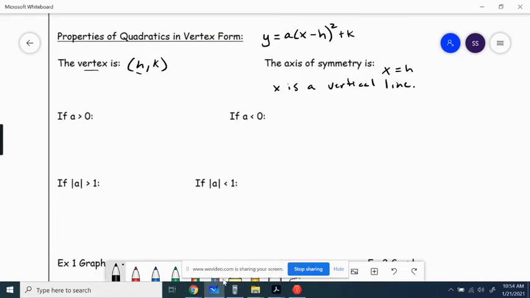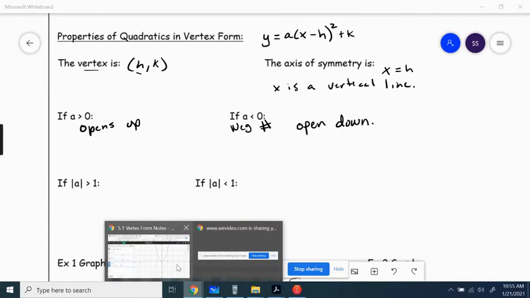If a is greater than 0, the parabola opens up. And if a is less than 0, if it's a negative number, it is going to open downwards.